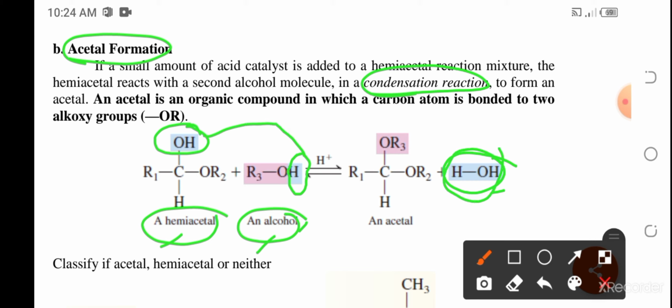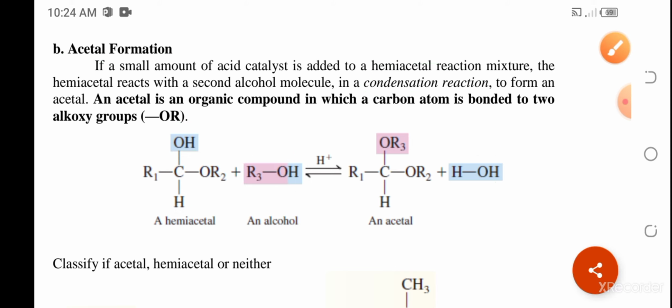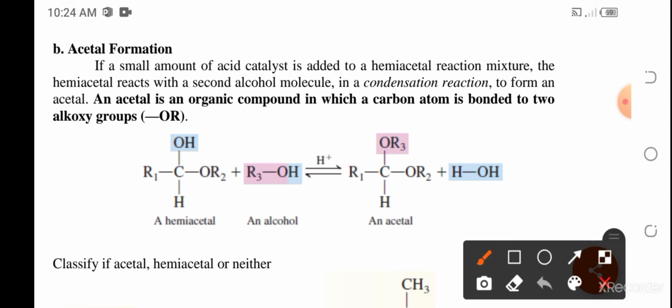Okay? This alkoxy group of the alcohol will replace the hydroxyl group in the hemiacetal structure. So, pinalitan lang niya. Okay, so nagpalitan lang yung hydroxyl ng hemiacetal at yung alkoxy ng alcohol group.